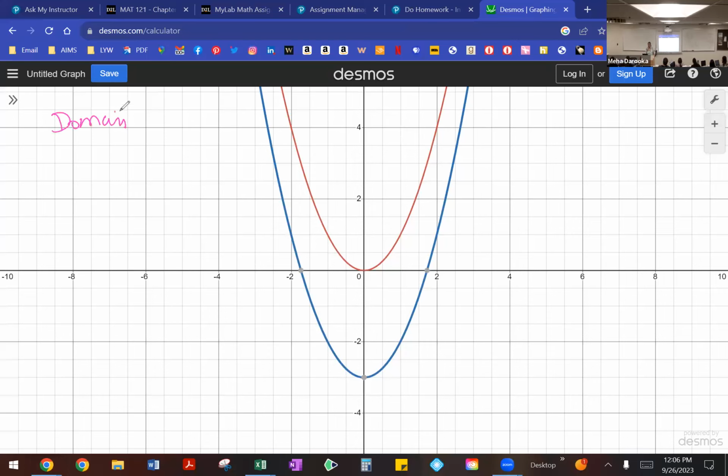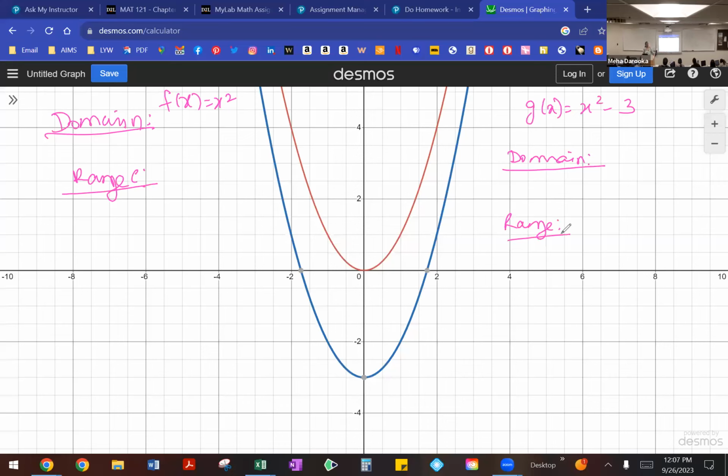So this will be the domain and the range for the original function, which is f of x equals x squared. And then for the other one, x squared minus 3, what will be the other?